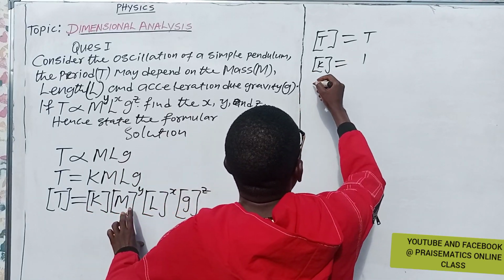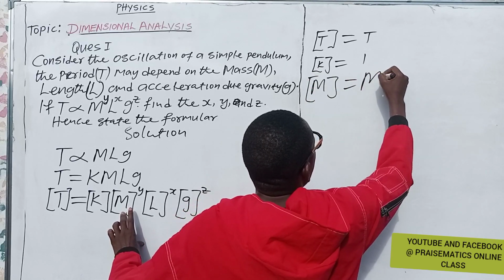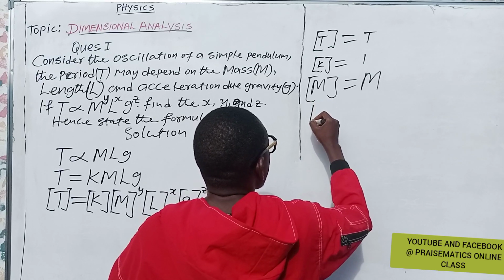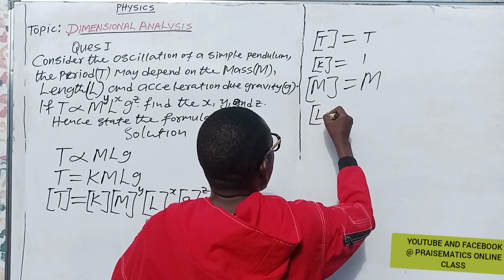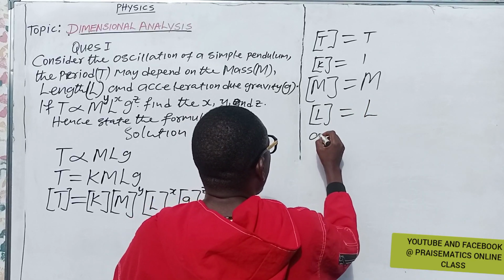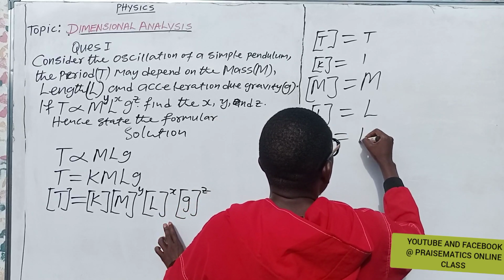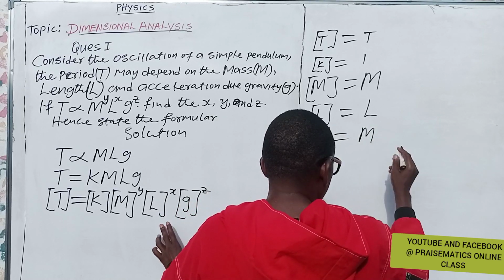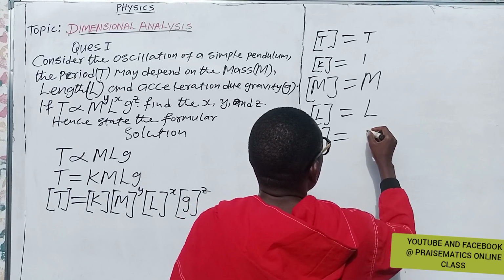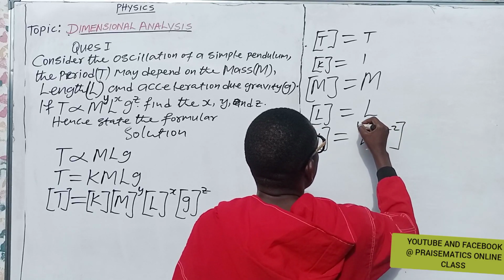Now mass: the dimension of mass is the same thing as capital M. The dimension of L is also L. Now the dimension of acceleration due to gravity is equal to L, that is the velocity over time, which is L T raised to the power minus 2. So that is the dimension.